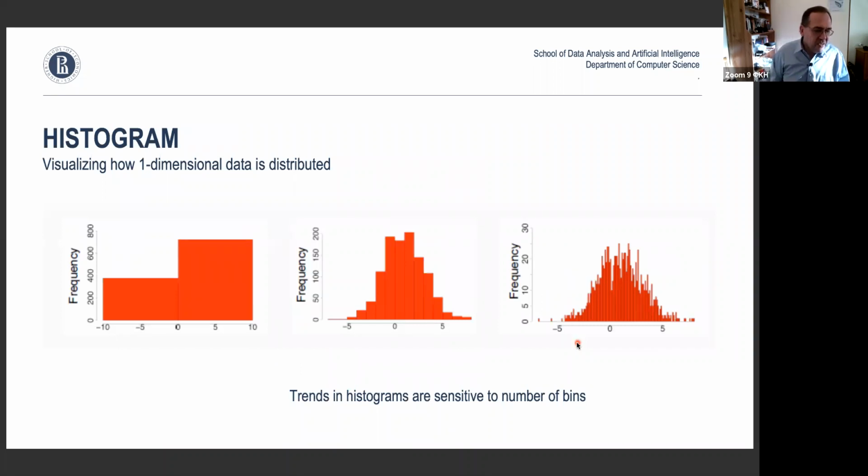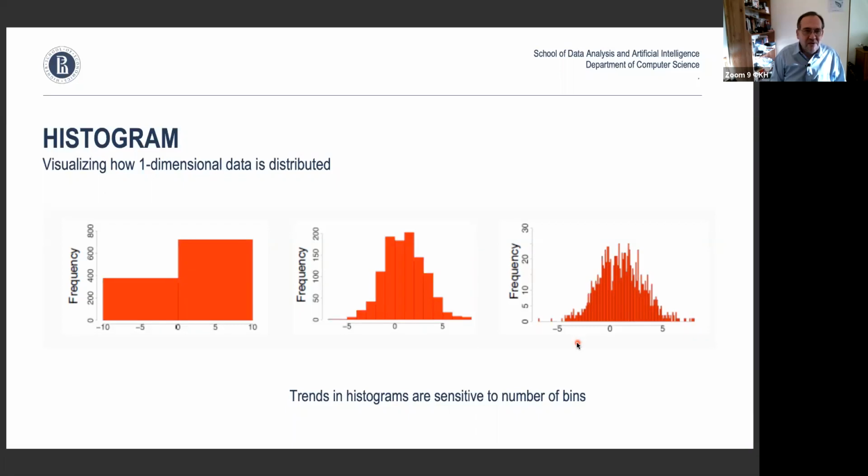We typically use histograms when we want to calculate how much data lies within certain bins, within certain regions. Histograms, I'm sure you've all done many, many times. There is one word of warning: histograms are typically very sensitive to the number of bins. They show the same things, right?